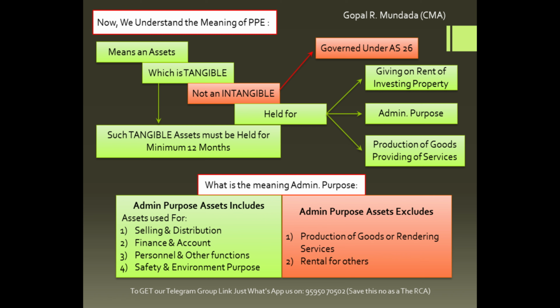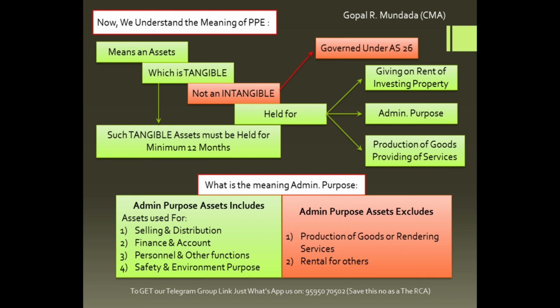So property, plant and equipment means a tangible asset, not including intangible assets, held for giving on rent or investment property, second for administrative purposes, and third for production of goods or providing of services. Tangible assets are also held for a minimum of 12 months, so that we consider that asset as property, plant and equipment under AS 10.